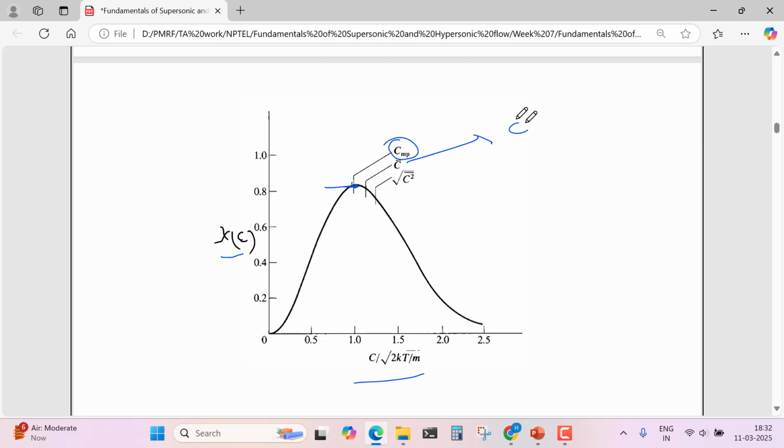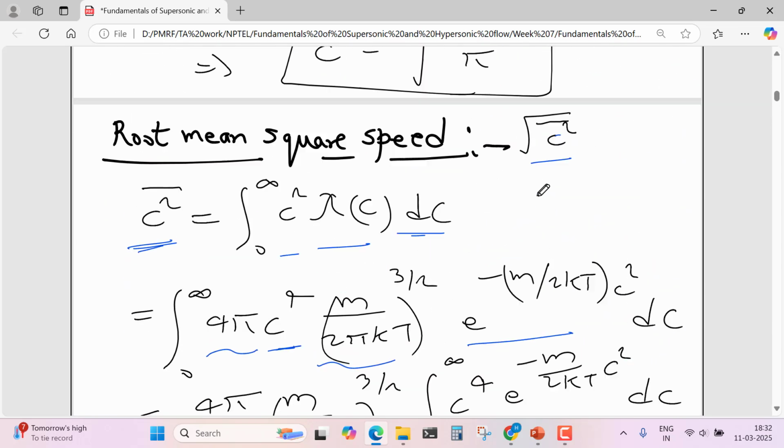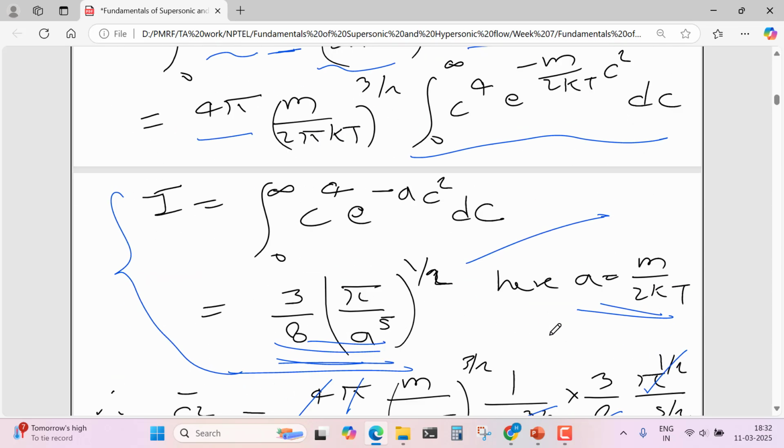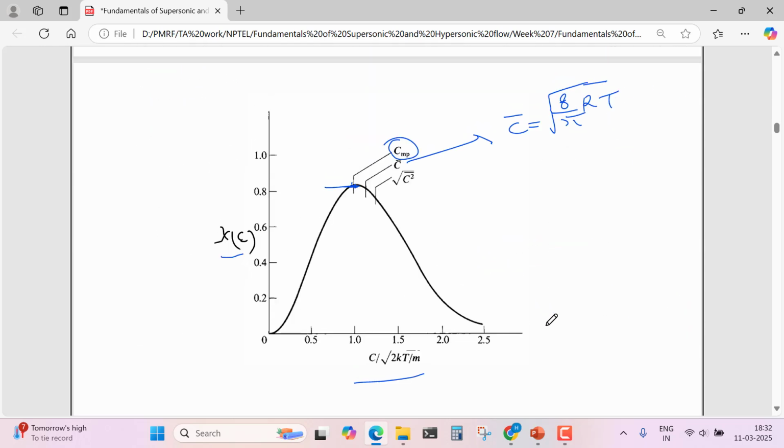If you see the C bar value, it was under root 8 upon pi RT. Here also you can see under root 8 upon pi RT. And the value of 8 upon pi is approximately 2.55 RT.